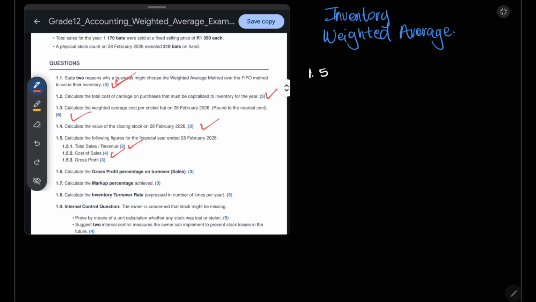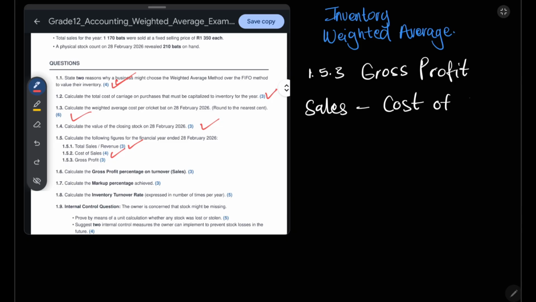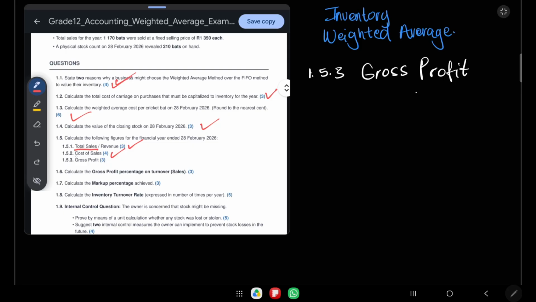You have 1.5.3. You have gross profit. And remember, gross profit is just sales minus cost of sales, or total sales minus cost of sales. So we have our sales, we calculated it in the total sales, and we have a cost of sales that we calculated in 1.5.2.